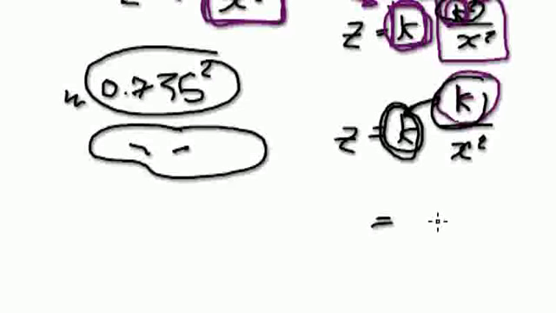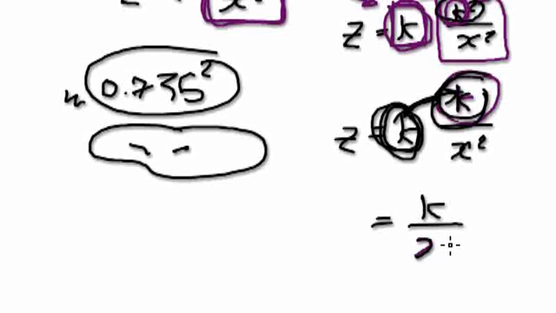Don't forget, this new k is different from this k and this k, but when they merge together we don't care what that number is. So this one will be x squared. Z here equals this.